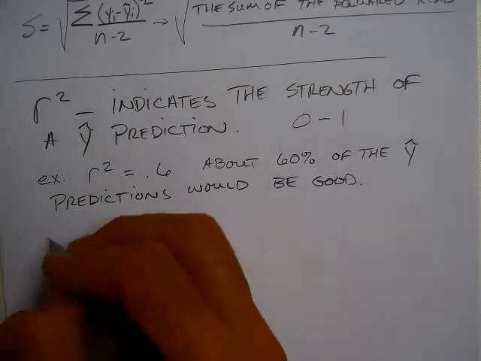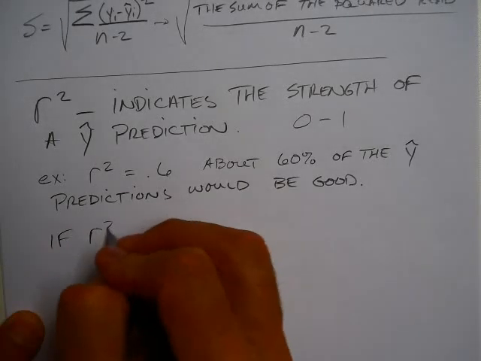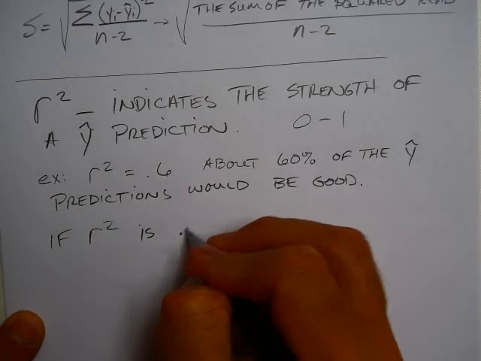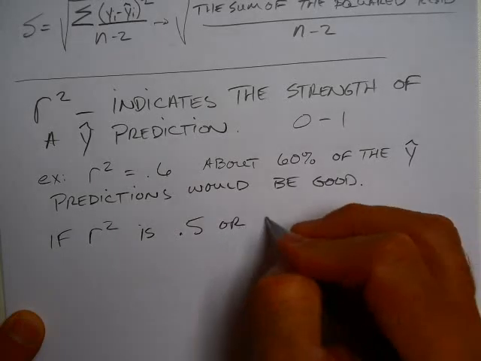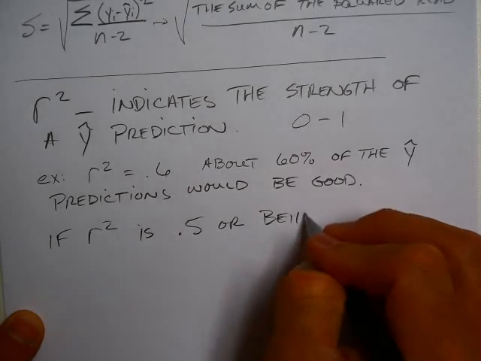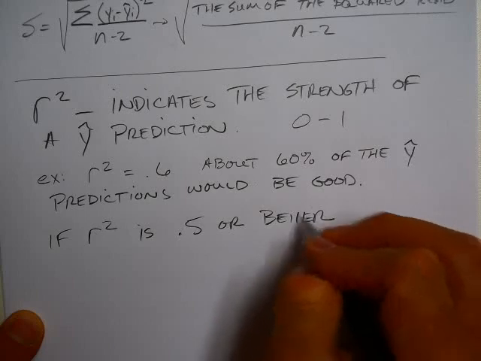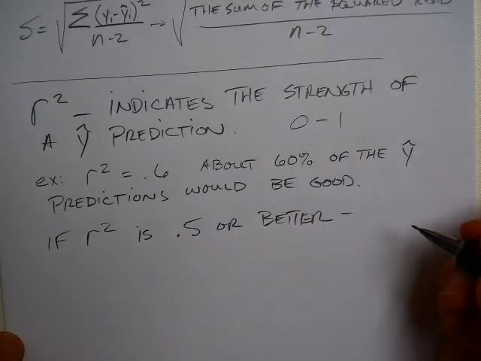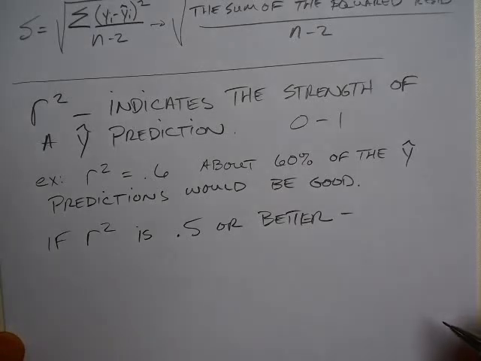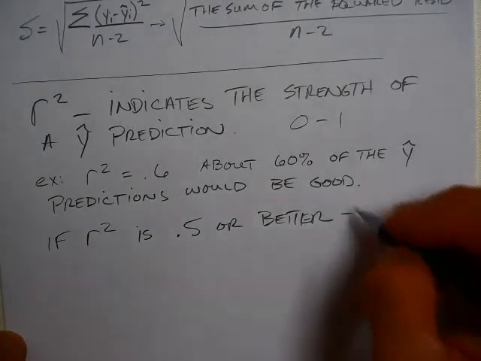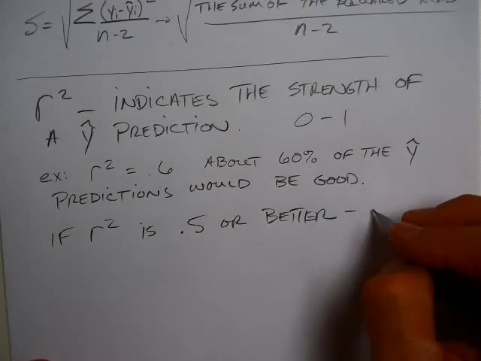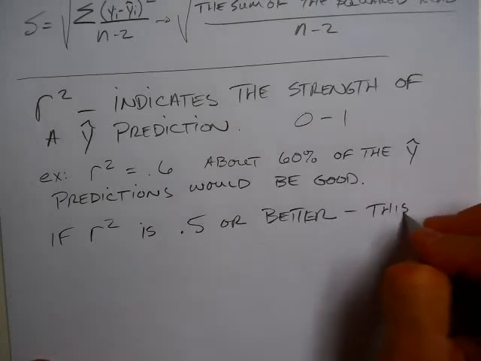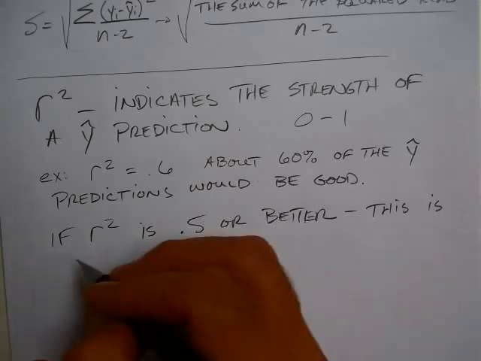If R squared is 0.5 or better, larger I guess is what I should say, then it's an indicator that a pattern is linear. A strong indicator.